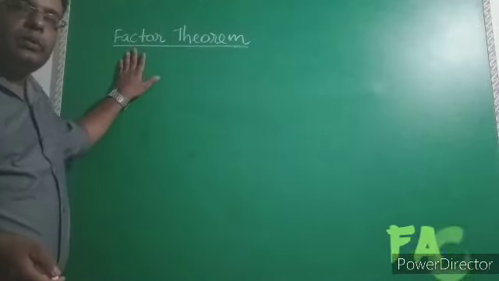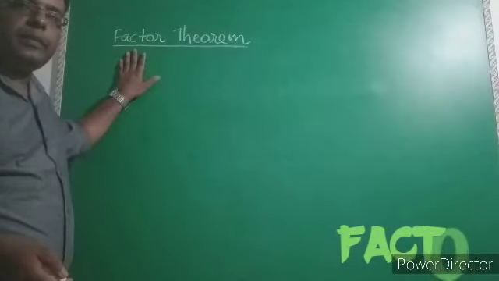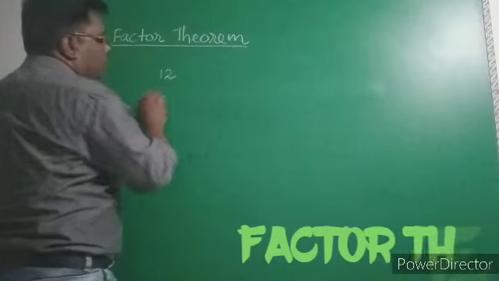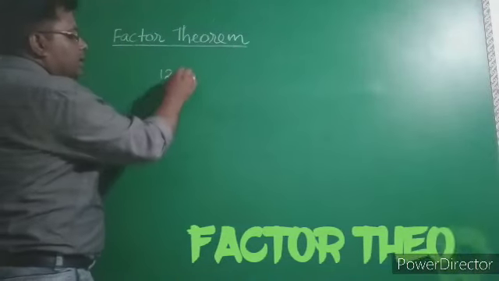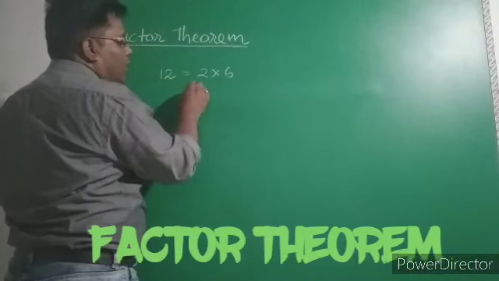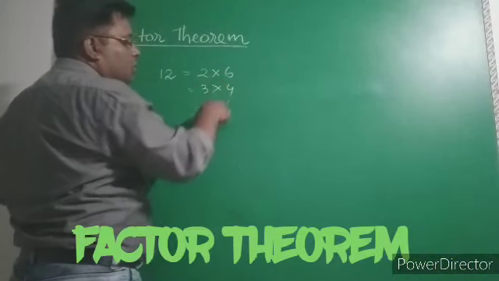So first you have to know what a factor is. Suppose the number 12 can be written as 2 into 6 or 3 into 4.